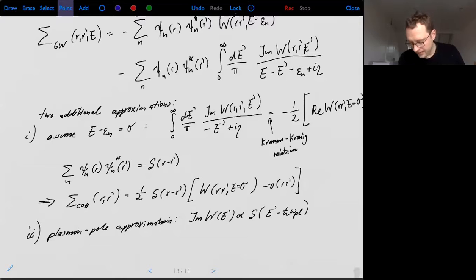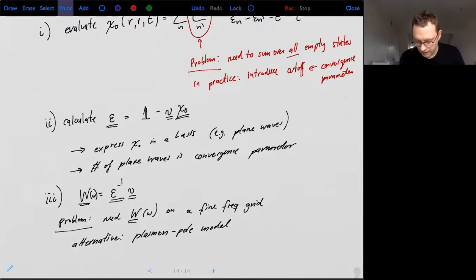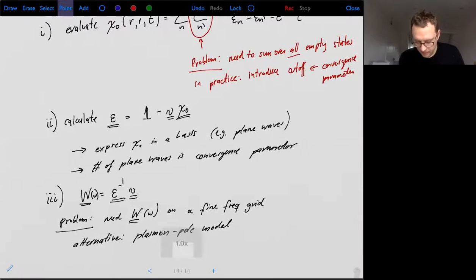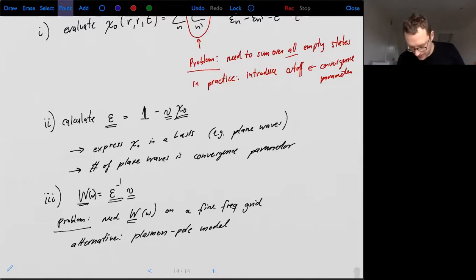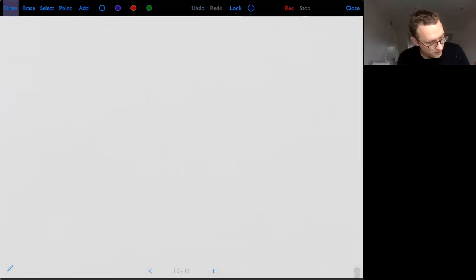And so, in that case, of course, this dramatically simplifies things. And then the very last step is to evaluate the self energy.